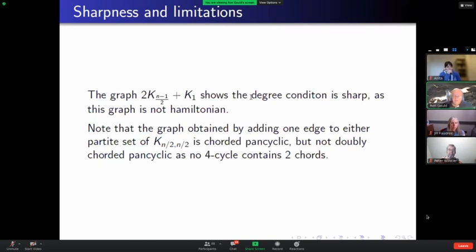So that's something that's kind of important to note for later on, because mostly I now think that my meta-conjecture ought to be on doubly chorded cycles instead of chorded cycles.